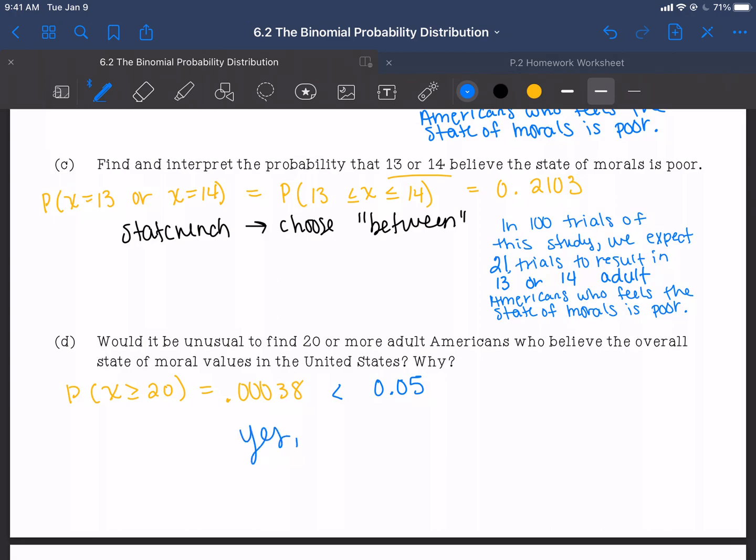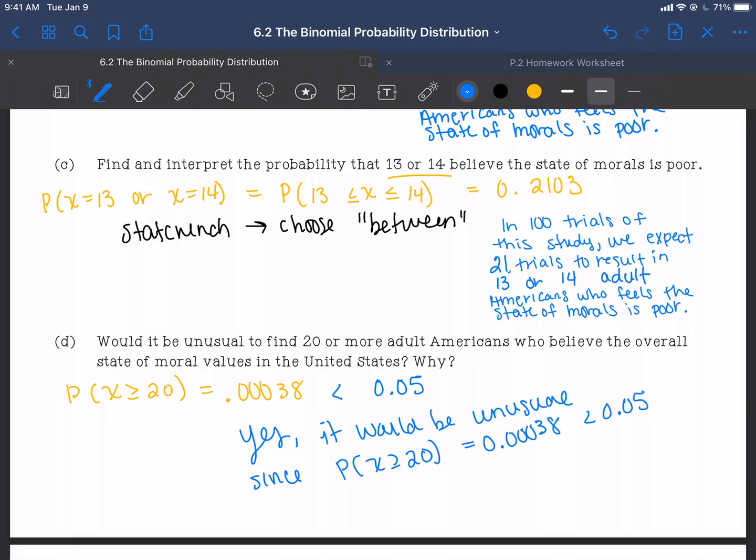So we would say yes, it would be unusual, since the probability that x is greater than or equal to 20 is equal to 0.00038, which is less than 0.05. Okay.